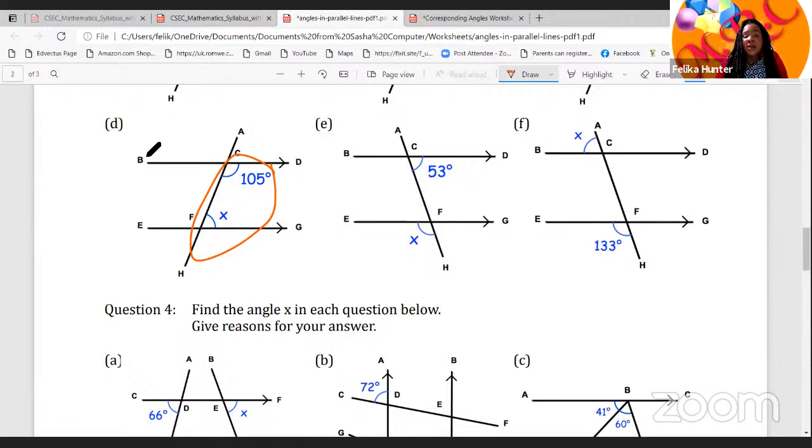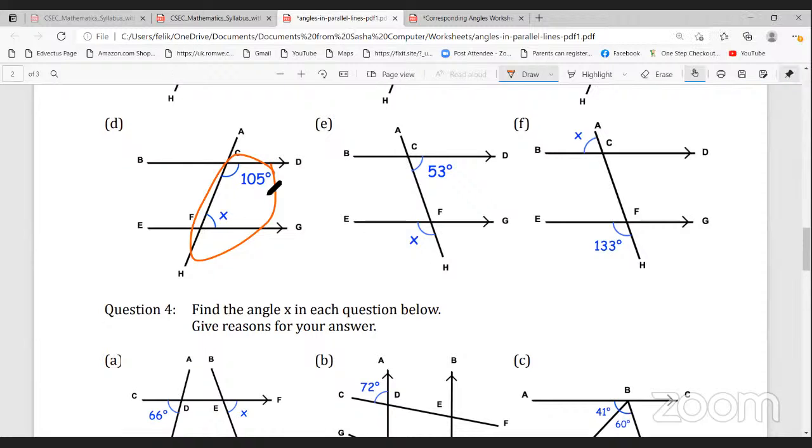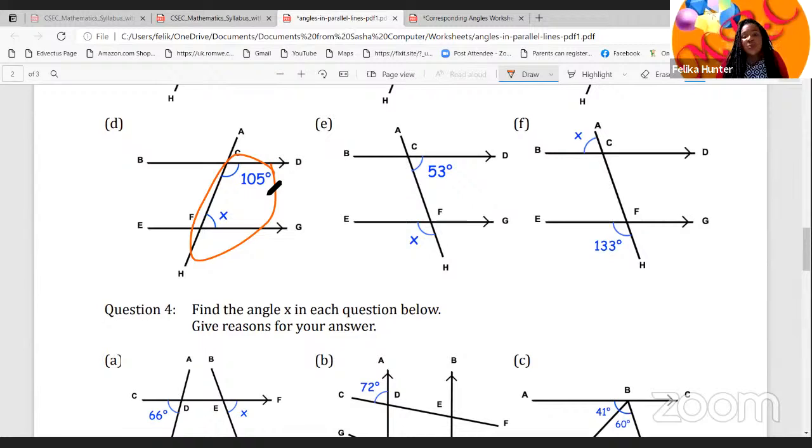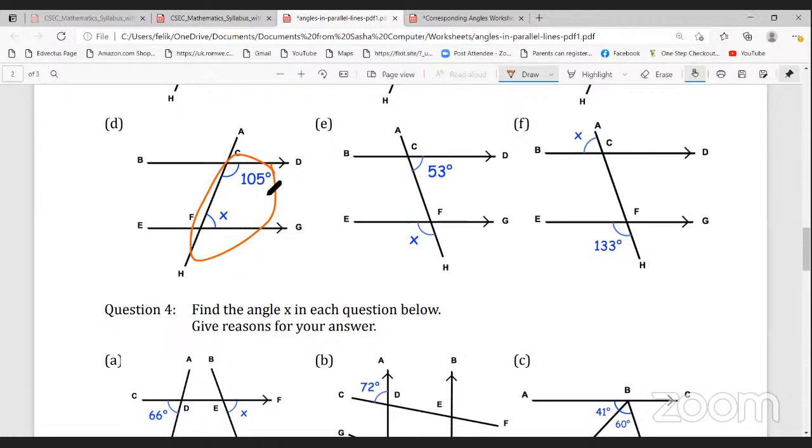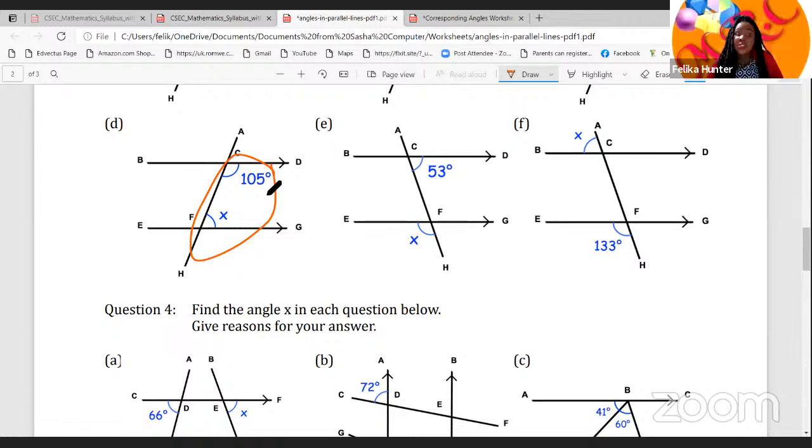Now we're going to look at co-interior angles. And these two that I've highlighted at D, they are co-interior angles. Co-interior angles add up to what number? 180. 180 degrees. Beautiful. So how do we know co-interior angles? Interior means that they are in between the parallel lines, not just in between the parallel lines, but sitting on the same side.